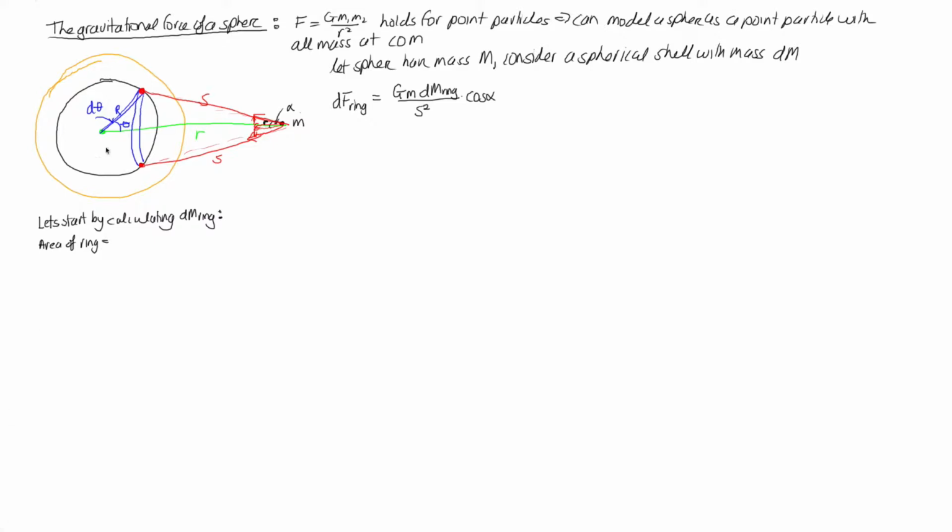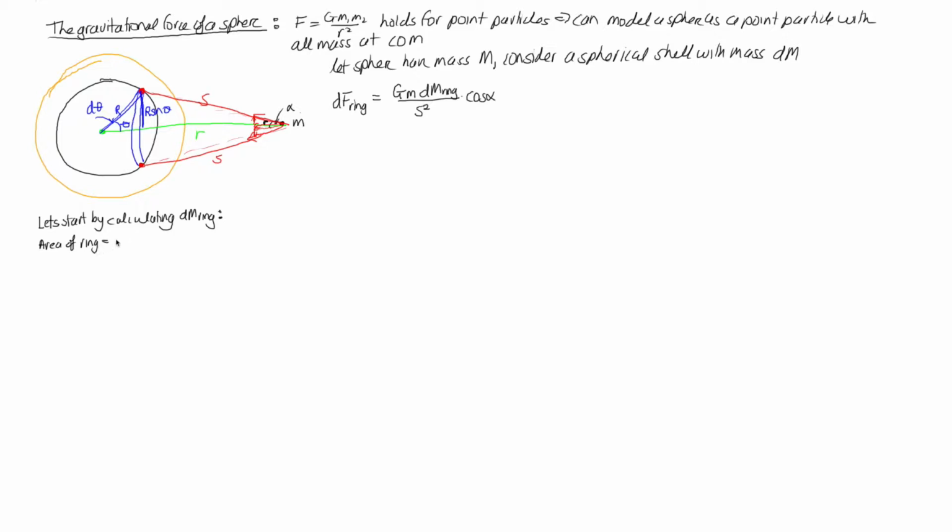But when we're considering that circle, the radius of this circle is given by looking at this triangle here. The hypotenuse is R for this spherical shell, and this is given by R sine theta. So the radius of the ring that we're looking at is R sine theta.